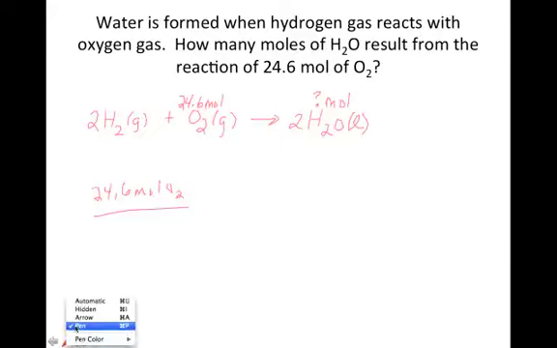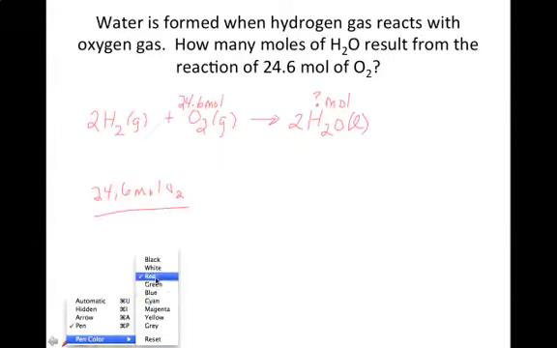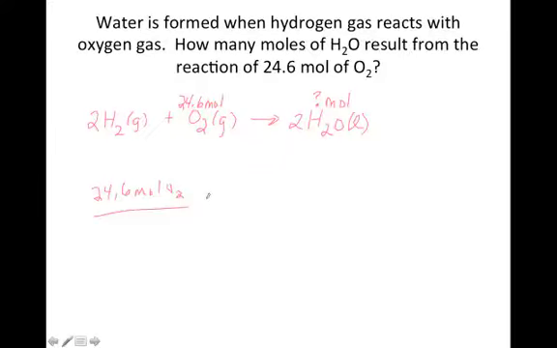And we multiply by, for every 1 mole of O2, we get 2 moles of H2O.